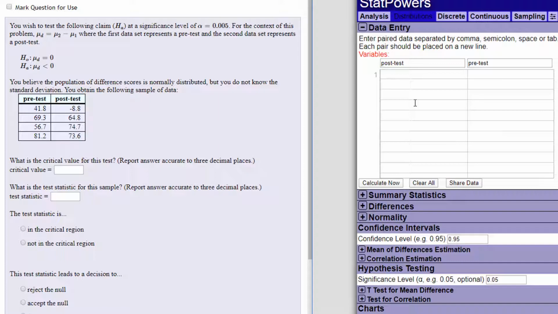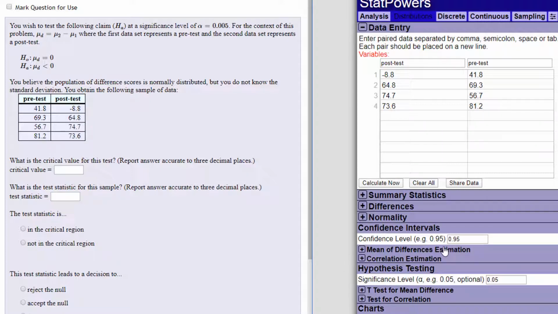So let's put in the data, negative 8.8, and then I'm going to do 41.8, 64.8, tab 69.3, 74.7, tab 56.7, and then 73.6, tab 81.2. I'm going to add in an option so that you can select whether you want to do column A minus column B or column B minus column A.